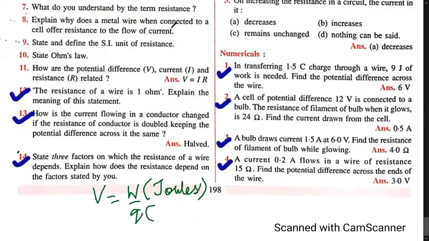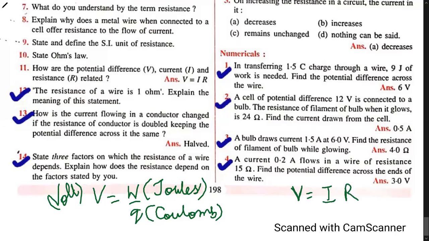Q stands for charge, measured in coulombs. And V is volt. And one more formula, that is Ohm's law. V is equal to I into R. I is measured in amperes. R is measured in ohms. The symbol of ohms is written here. So using these 2 formulas, you have to do all these 4 numericals.